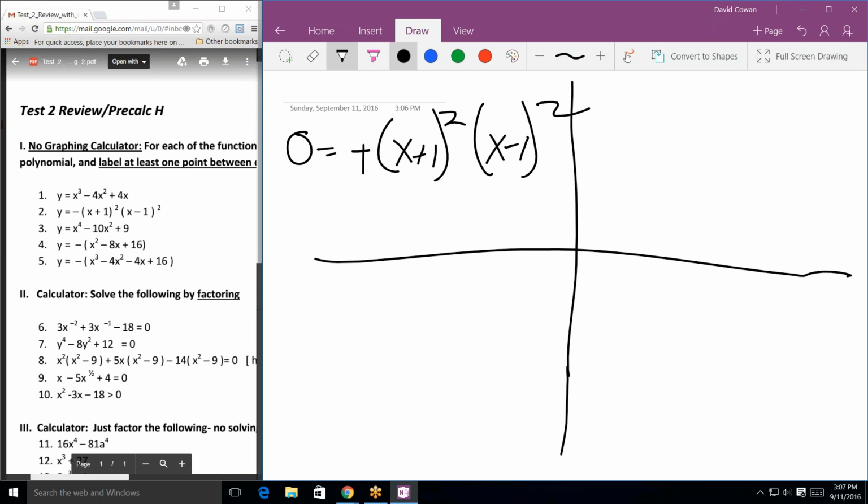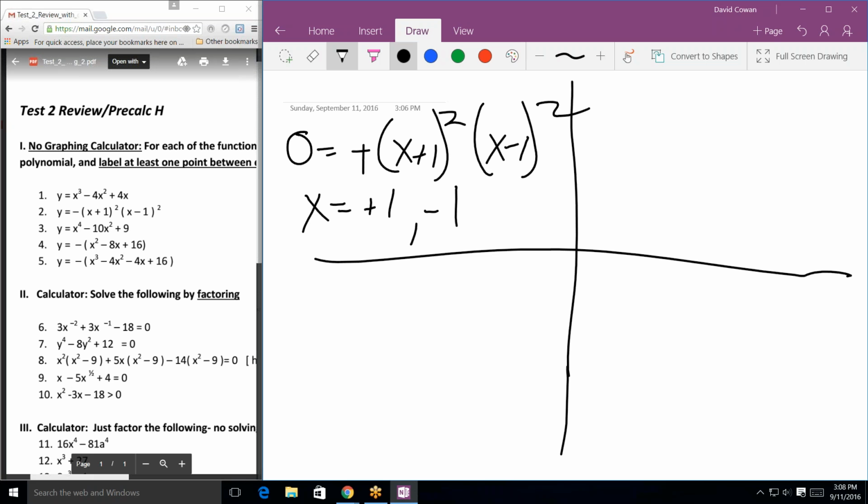And then what makes that 0? Well, what two values of x make that thing 0? Yeah, you gave it already. +1 and -1.